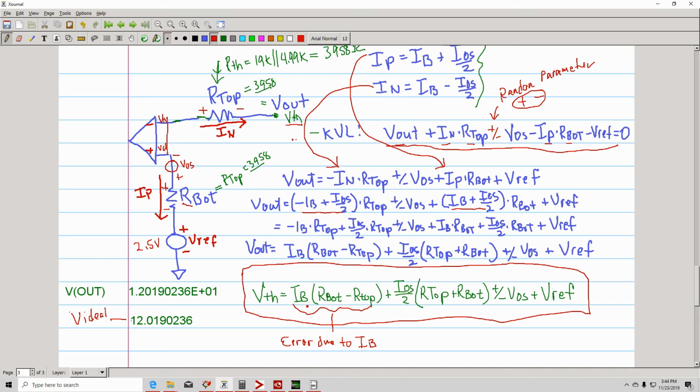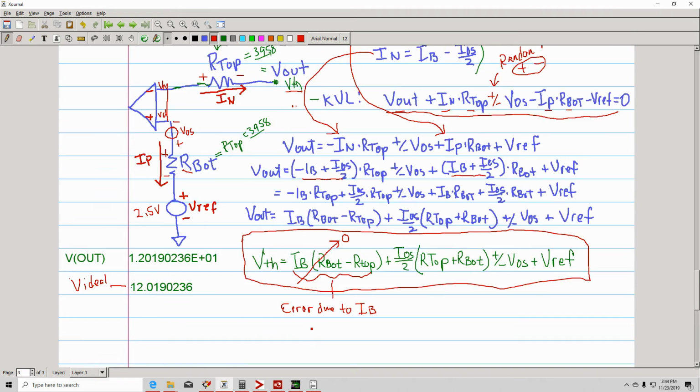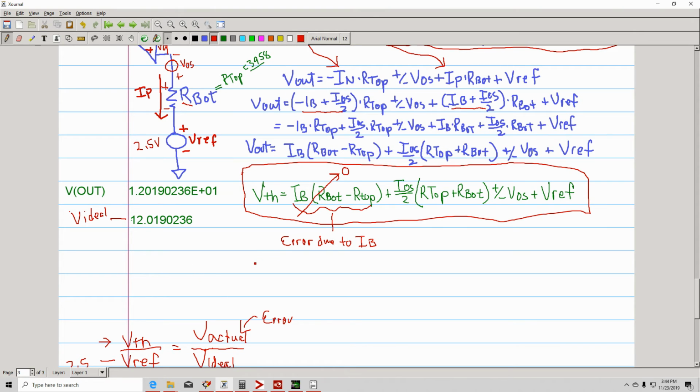So if they're equal, then this term goes to 0. It gets cancelled. Okay, so that's why we use the rule of thumb. We make these two equal, this goes to 0, and basically you cancel the effects due to IB, which is really good to know.